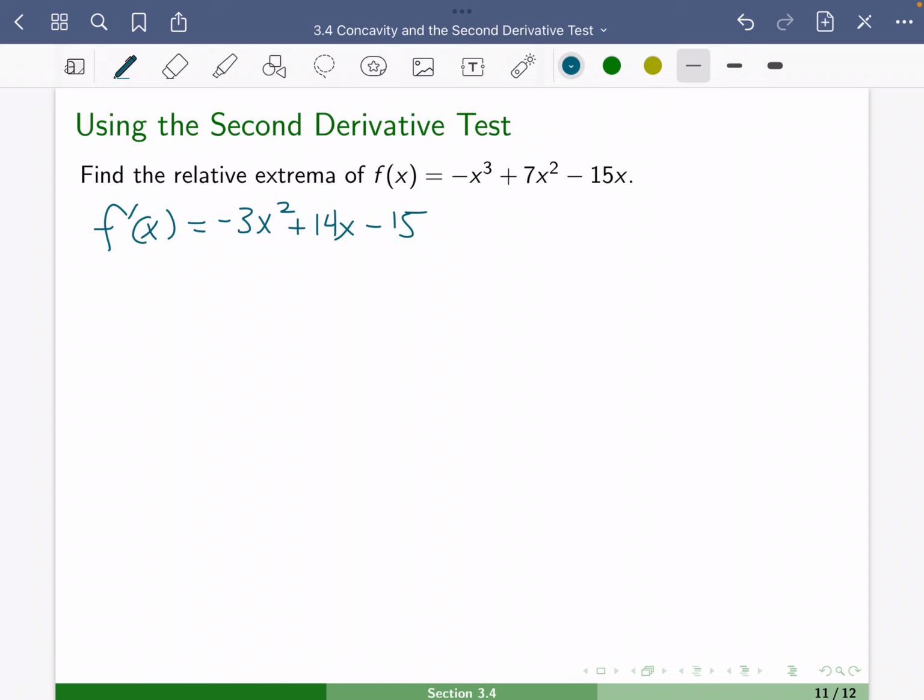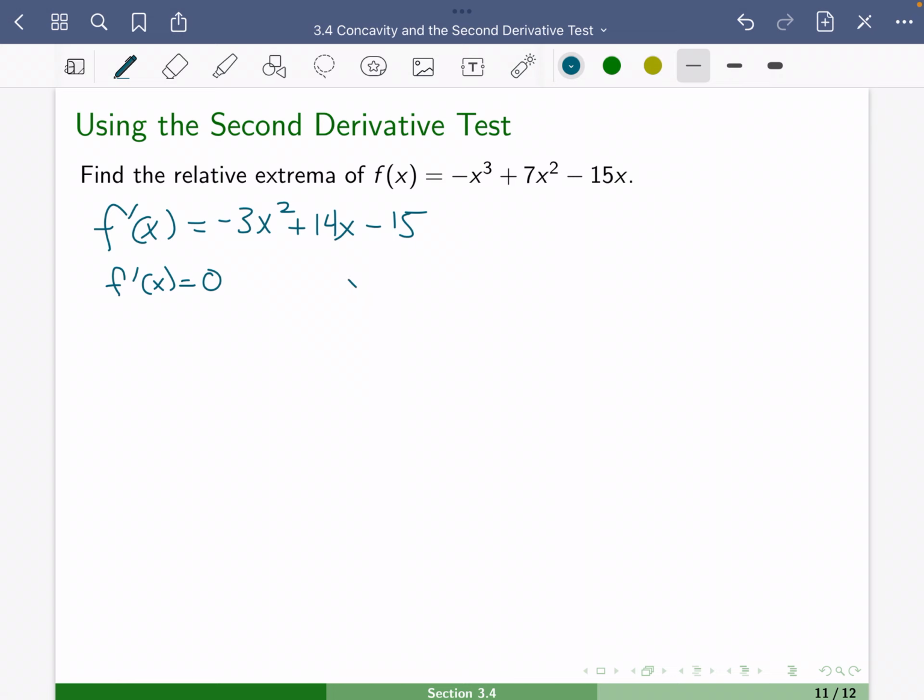Now we need to find our critical numbers, so f prime of x equals 0. How does that factor? I don't see immediately how that factors. Maybe you do. But since I don't, I might use the quadratic formula here.